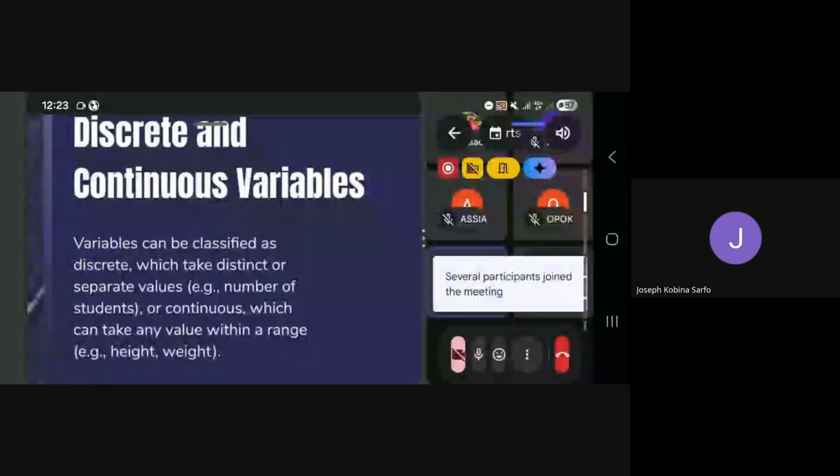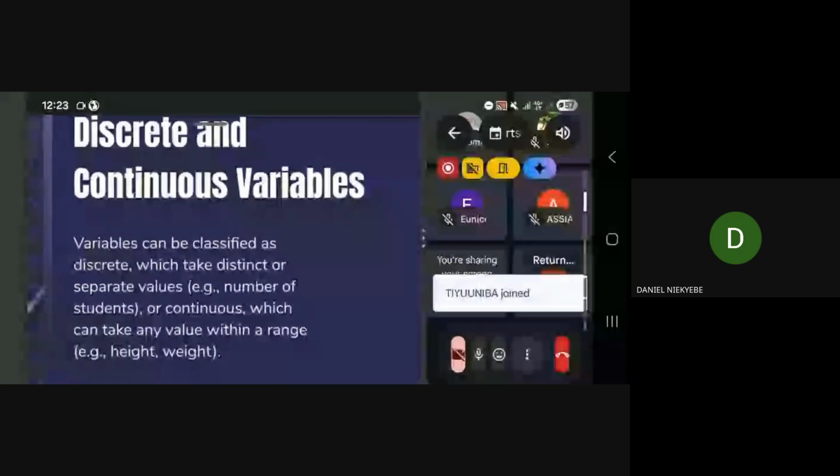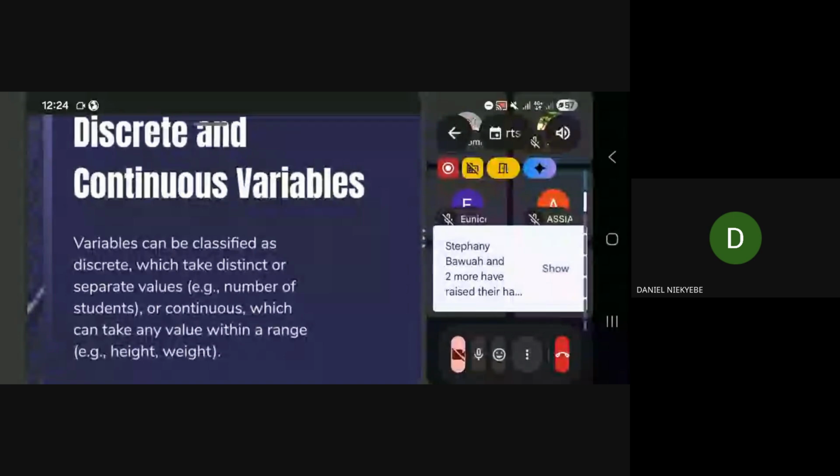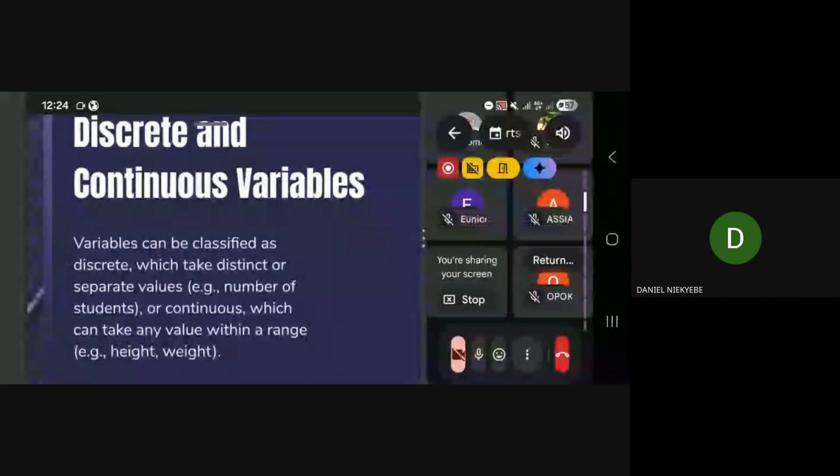Okay, Daniel. Please, madam, go. Go ahead with the discrete. Yeah, they are countable and take distinct values. Like when you are counting a number of something, we say 1, 2, 3, 4 without any point on it.